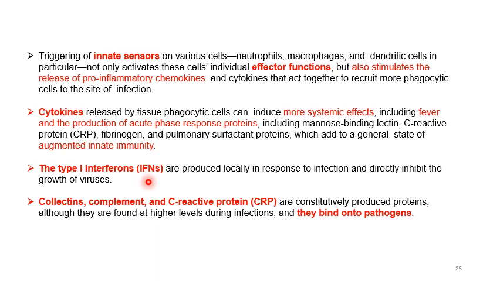Besides that, all of your nucleated cells, all the cells in your body that have a nucleus, okay, are going to produce type 1 interferon, okay, all of them, okay? And you're also going to have those other proteins that are going to help with inflammation and with opsonization of pathogens, with tagging the pathogen.